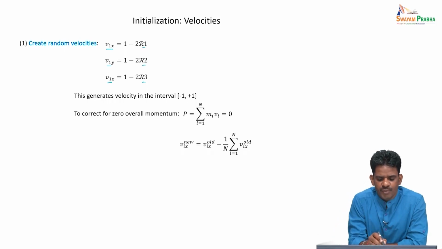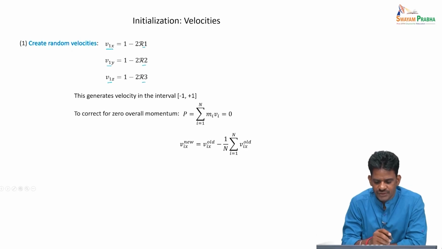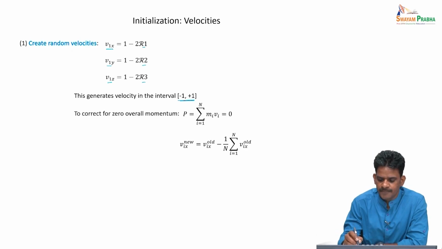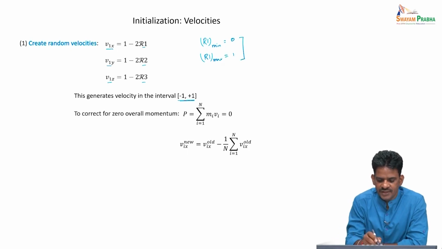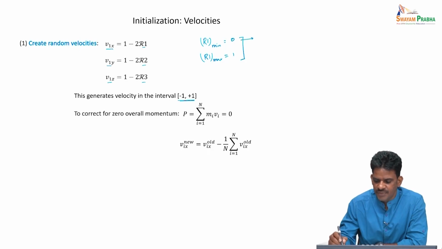But when I do this transformation of 1 minus 2 r1, this makes the velocities lie in the interval of minus 1 to plus 1. To see this, the minimum value of r1 can be 0 and the maximum value of r1 can be 1. That is the limit of this random number. So, when I substitute that in this equation, this will tell me what V1x can be at the max.